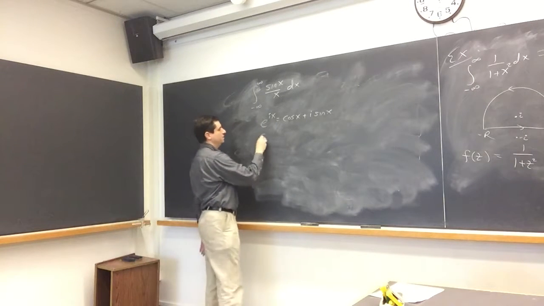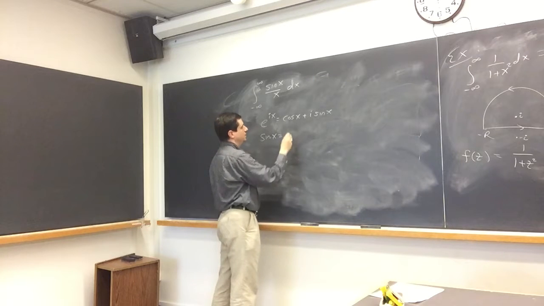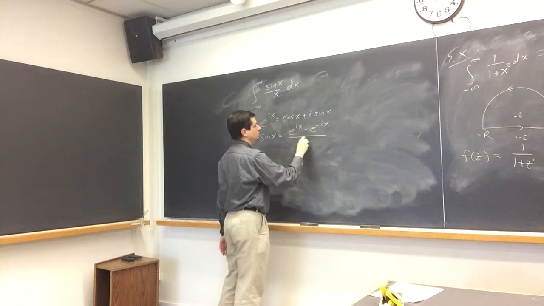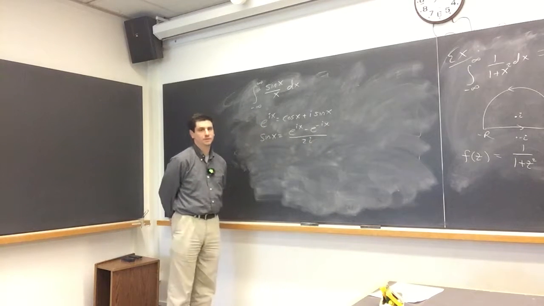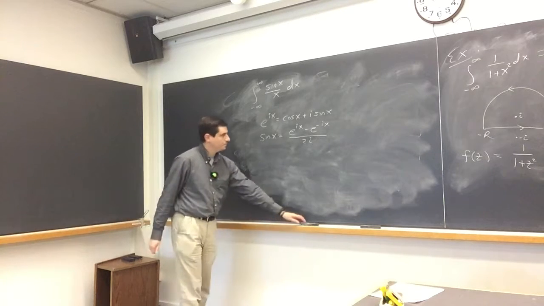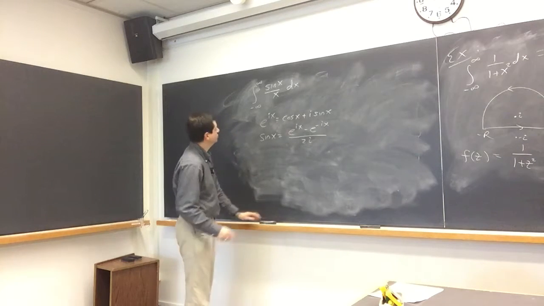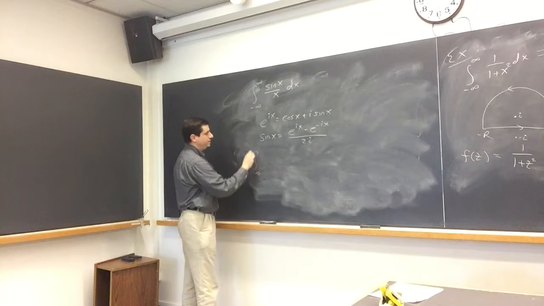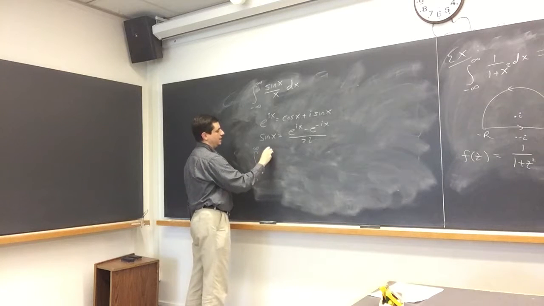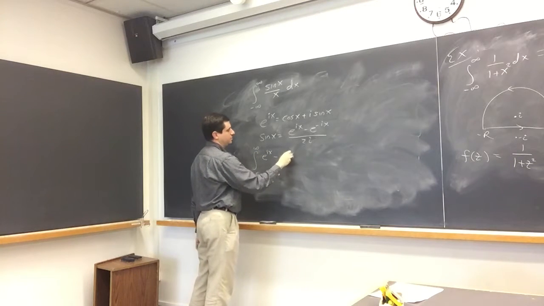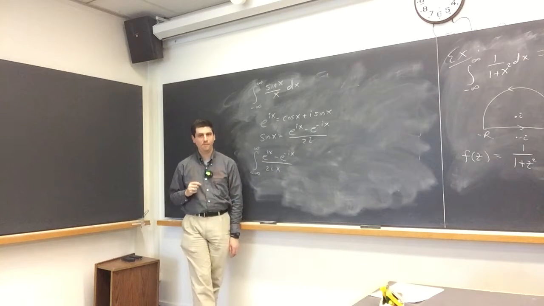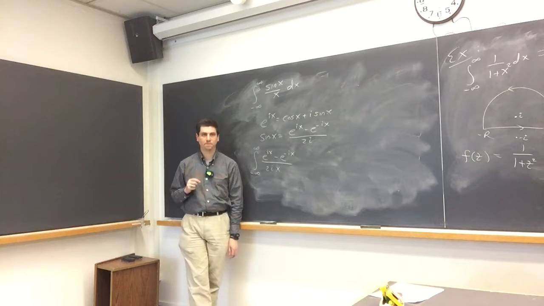So you can actually get that sine of x is e to the ix minus e to the minus ix over 2i. And so what we might want to do is integrate from minus infinity to infinity of e to the ix minus e to the minus ix over 2ix. And then replace x with z.